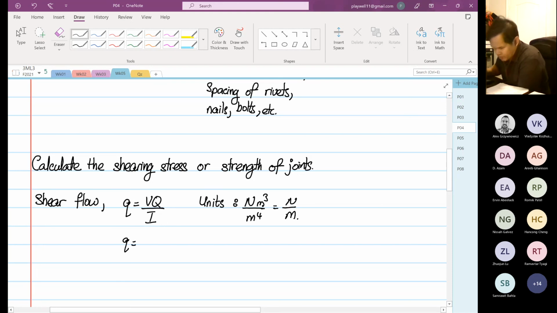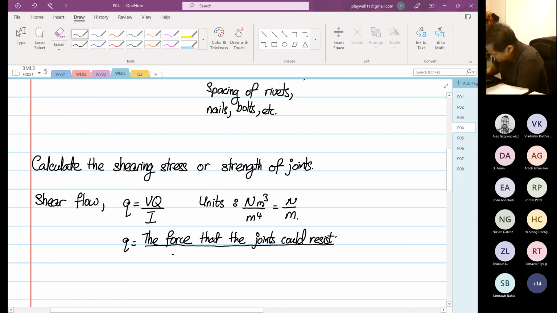q is equal to the force that the joints could resist divided by the spacing of the fastener.